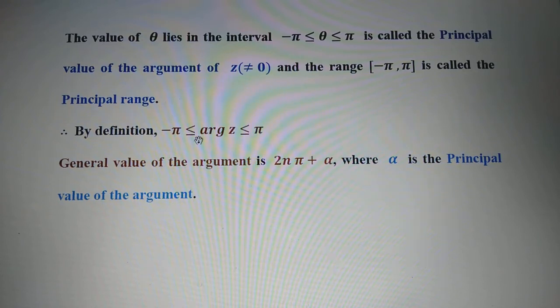So minus pi is less than or equal to theta, where theta means argument of z, less than or equal to pi. Now the general value of argument is given by 2n pi plus alpha. Now what is alpha? This alpha is the principal value of the argument, lying between minus pi to pi. If you add 2n pi to that, that is called the general value of the argument.